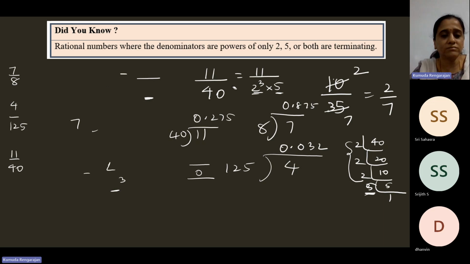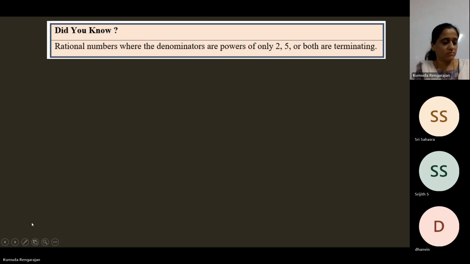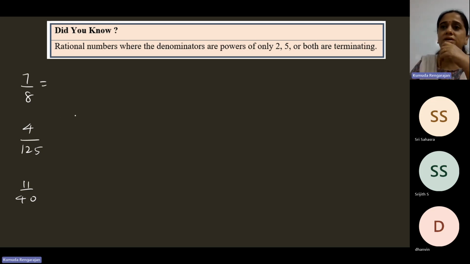We'll see it again. 7 by 8 is in the simplest form.